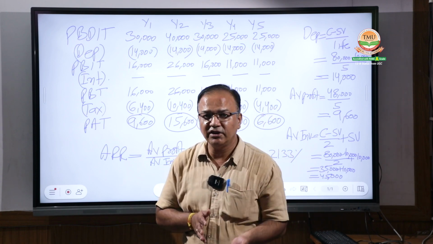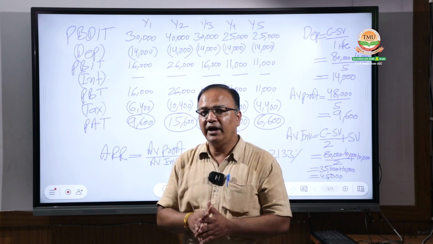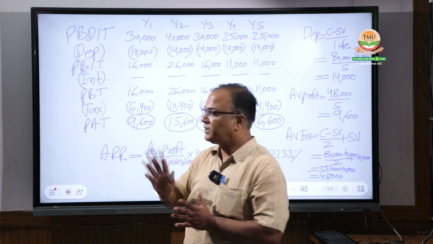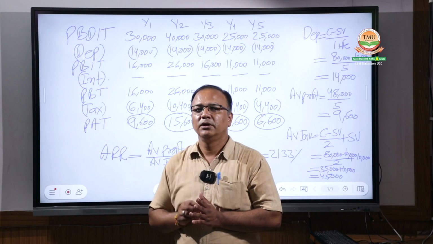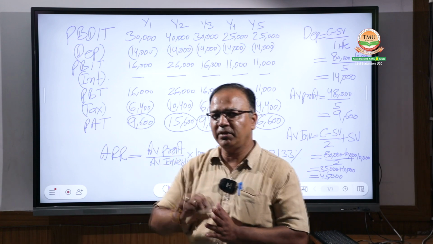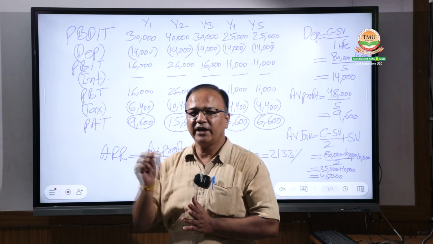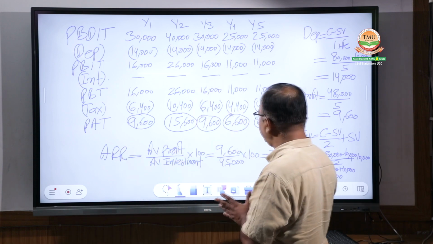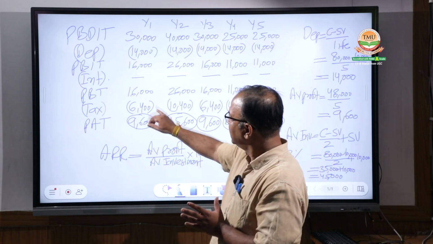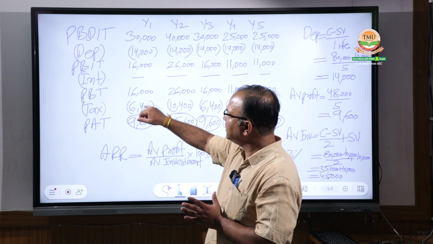But if it's not given in the question, you have to assume that the tax rate is 40%, and simply write down whenever you solve the question that we are assuming the tax rate is 40%, and simply do the answer. So simply I did the same thing.